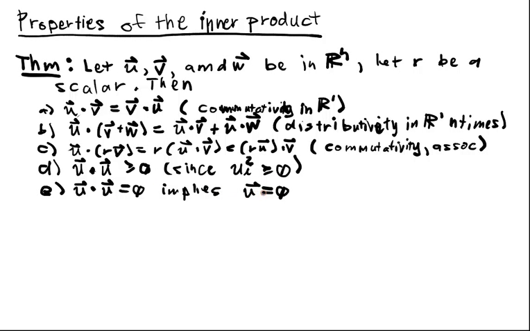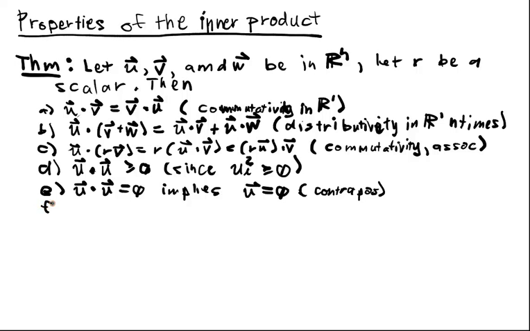If U is not equal to 0, so we have some entry that's non-zero, and then over here we'll have a sum of a bunch of things that eventually we'll have a non-zero entry in, and then that sum will have to be strictly greater than 0, right? So that just follows by the contrapositive, which is easy to show.